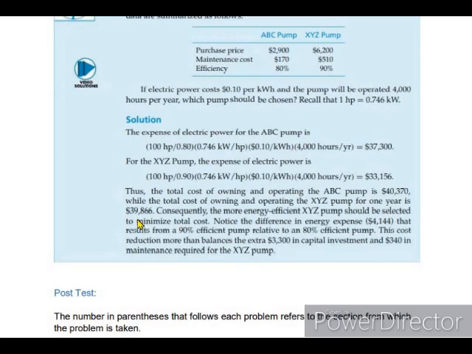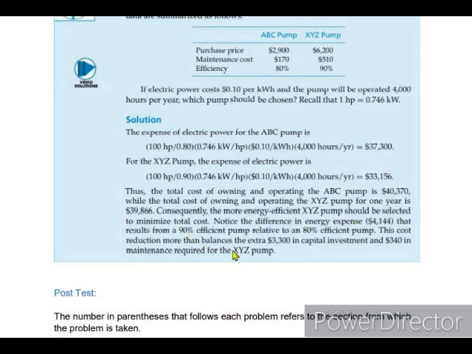It will result in $39,866. Consequently, the more energy efficient XYZ pump is better, because its cost per year is lower than the ABC pump. So XYZ should be selected.